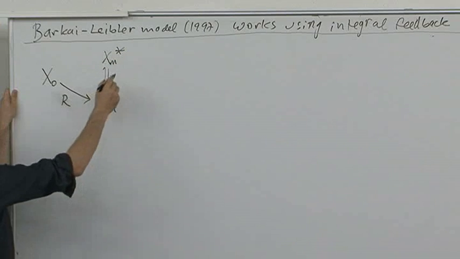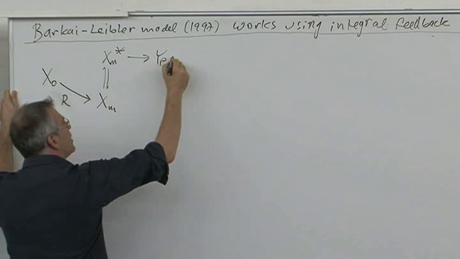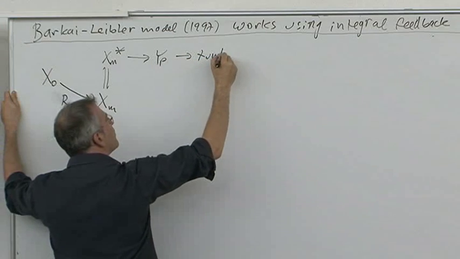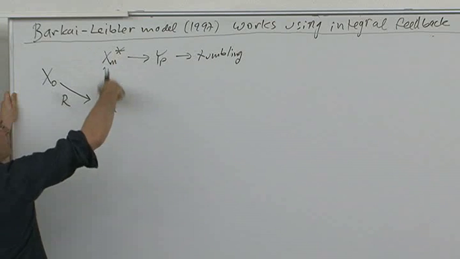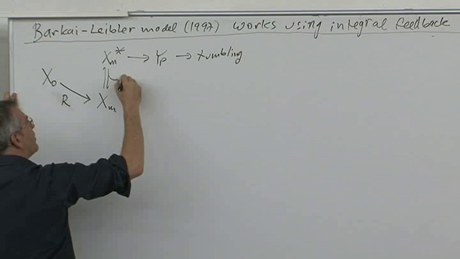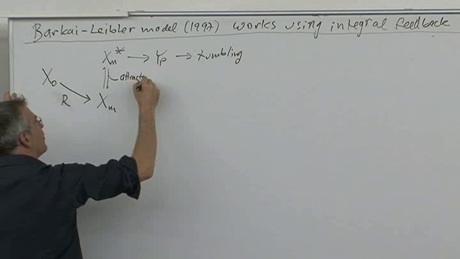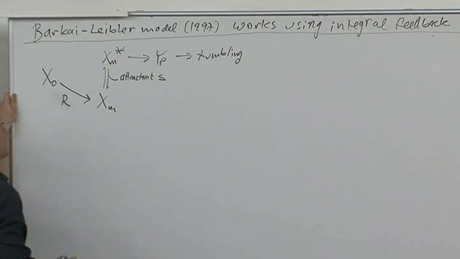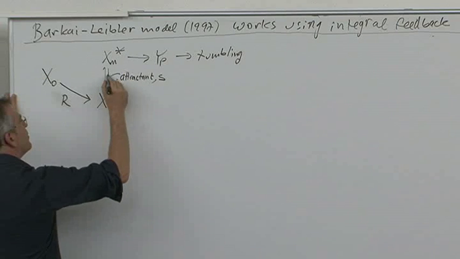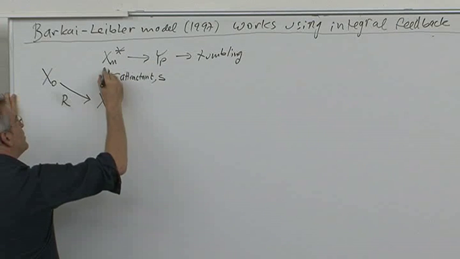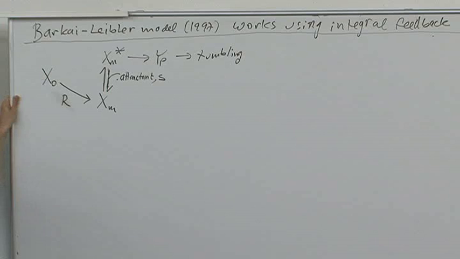This active state is the one that gives you YP and gives you tumbling. And the equilibrium between these two states has to do with the attractant binding. So you know that if there's attractant binding, you're more likely to be in the inactive state. So this has to do with attractant binding to the receptor.